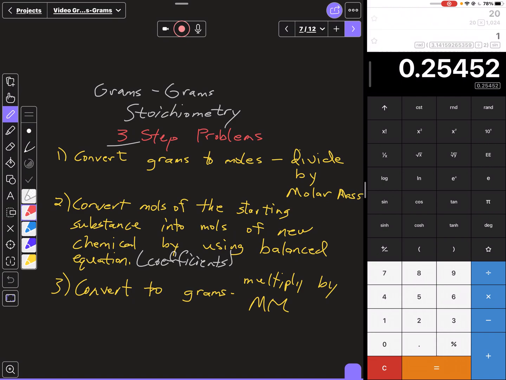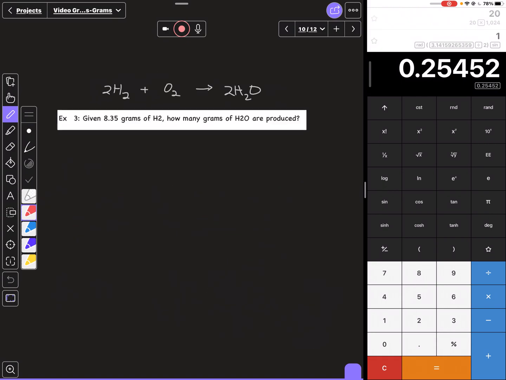Back to the example problems. My next one, given 8.35 grams of H2, how many grams of H2O are produced? All right, again, work this the same way. My first step, I'm taking what I'm given. I have 8.35 grams of H2.